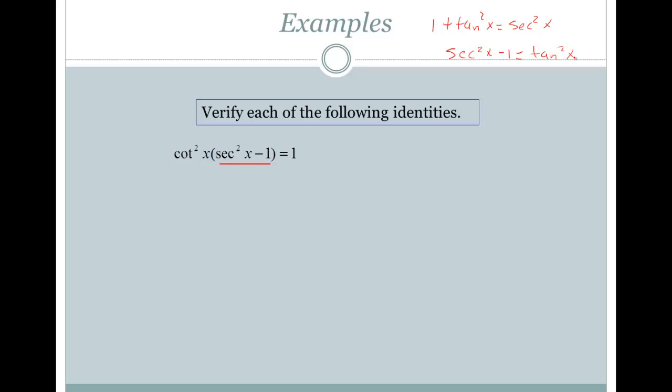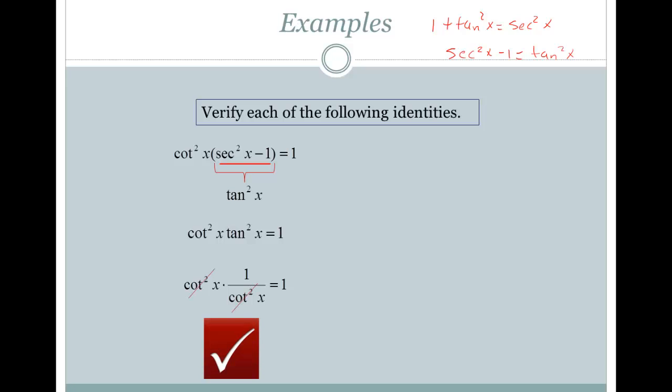So I can make use of that fact right here and replace that. Now I have cotangent squared x times tangent squared x. I know that there's a reciprocal relationship between those two. I know that tan is 1 over cotan. So now I have cotangent squared times 1 over cotangent squared. Those cotangent squares cancel out, and we're left with 1.